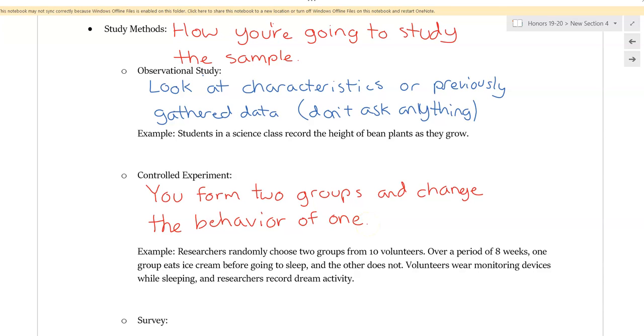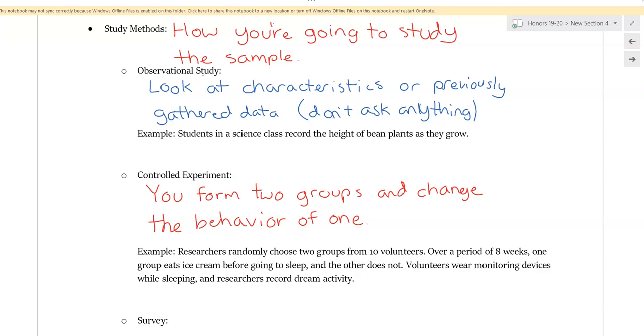This is an experiment where I change the behavior of one of the groups. We do that because then we limit the variables. If I randomly choose two groups and keep everything the same except this one little thing, I can see how that one little piece affects whatever I'm studying.